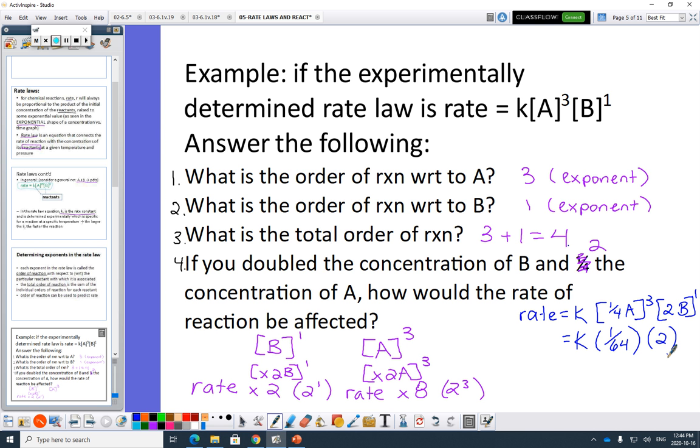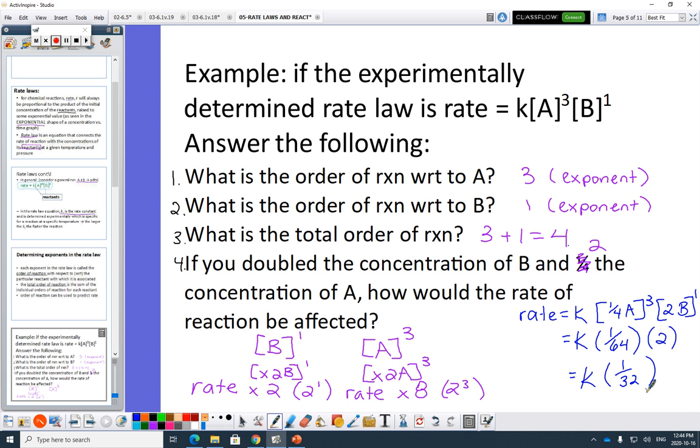So do we know what the rate is? No. Do we know what it started at? No. We're just using this to sort of predict what could happen to the rate. So if this bothers you, 1 over 64 times 2 becomes 1 over 32.